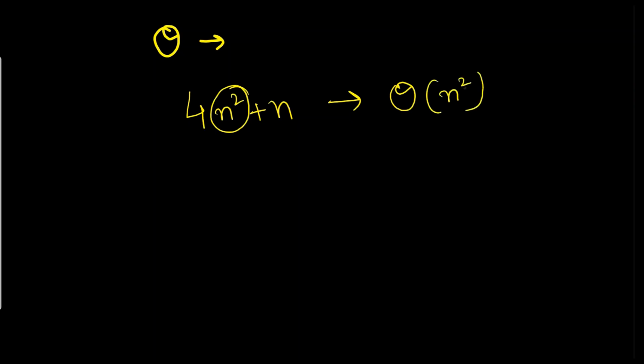That is, if we have the value 4n square plus n, then we will always take the leading term, which is n square. You must have seen this when we solve problems in algorithms. If we come across n square, we will always take the leading term, not this n.